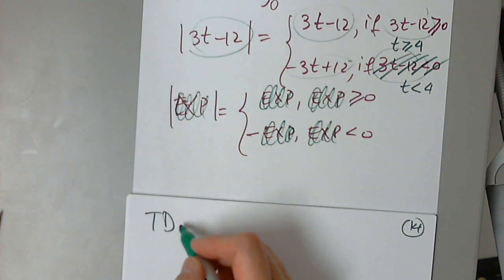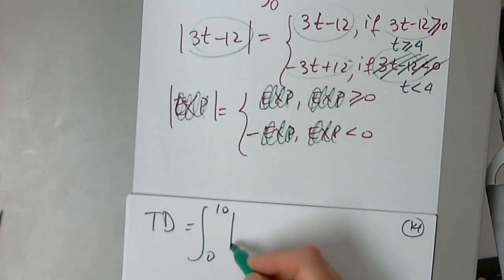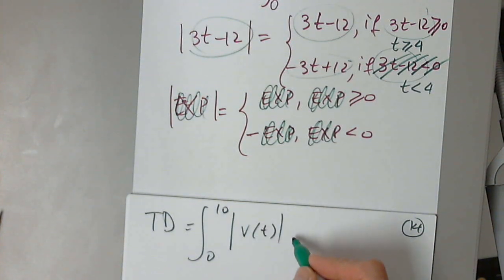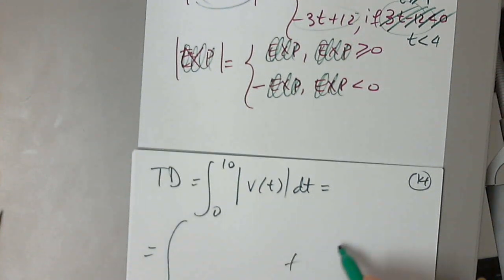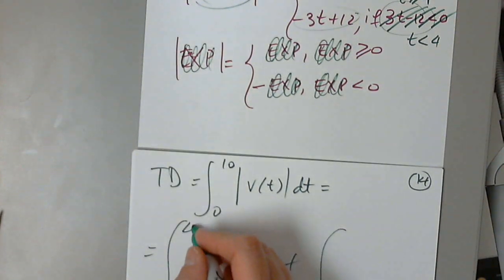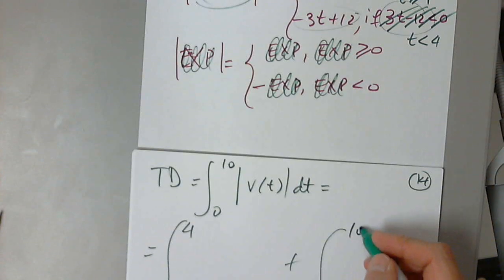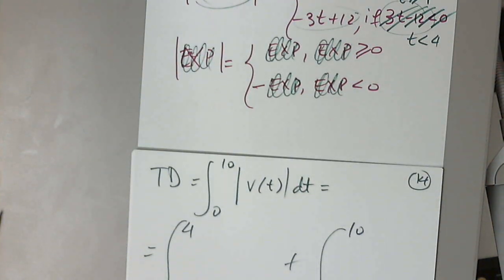So then the total distance, the integral from 0 to 10 of the absolute value of v of t dt, equals, indeed, the integral from 0 to 4 and from 4 to 10. 0 to 4 of what? Careful. Oh, the other one. Yes.